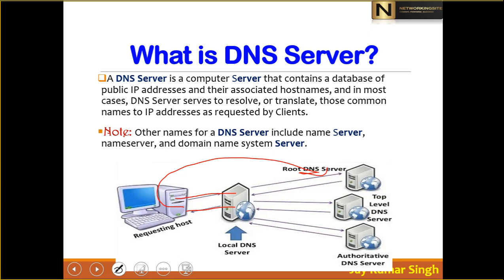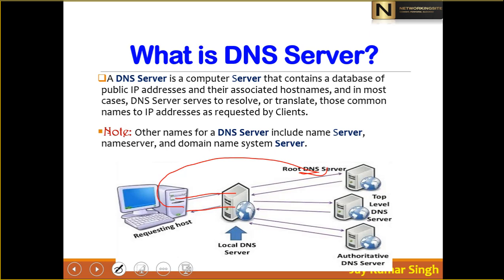When you want to call me, you just call me, you don't think about my number, right? Who has kept my number in your phone? Your phone book. Same here with Google. You just ping Google, you just open Yahoo, but who has those Yahoo and Google IP information?